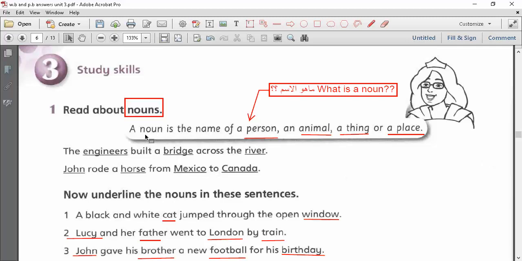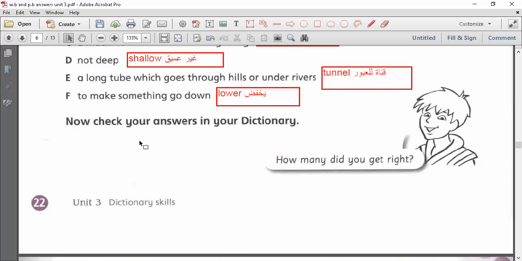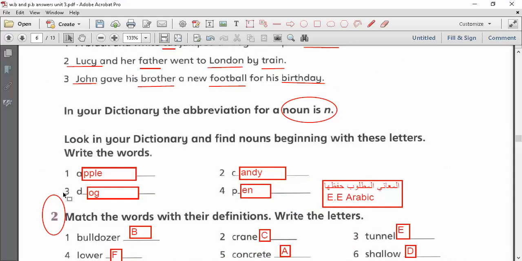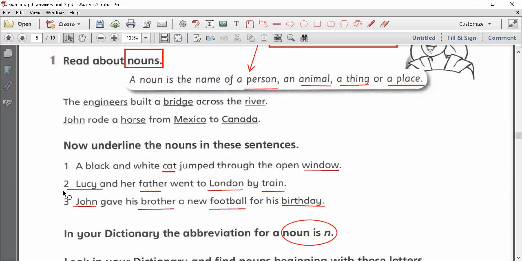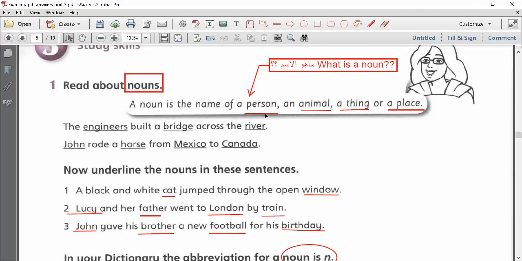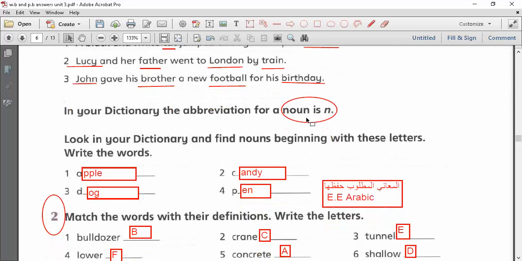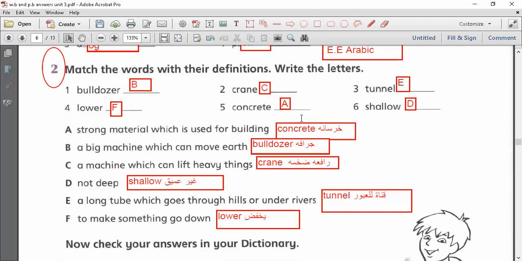Now, what is a noun? Now, open your workbooks on Unit 3, page 22. A noun is for a person, people, animal, things, or places. These are words and their meanings.